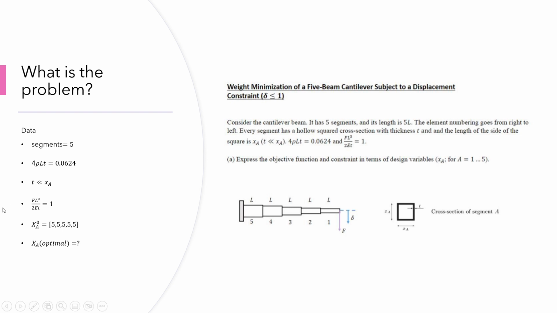So we know that there are 5 segments. This is a property that is given to us. We also have an assumption here to get a simpler solution for this problem, using the consideration that the thickness is really small.